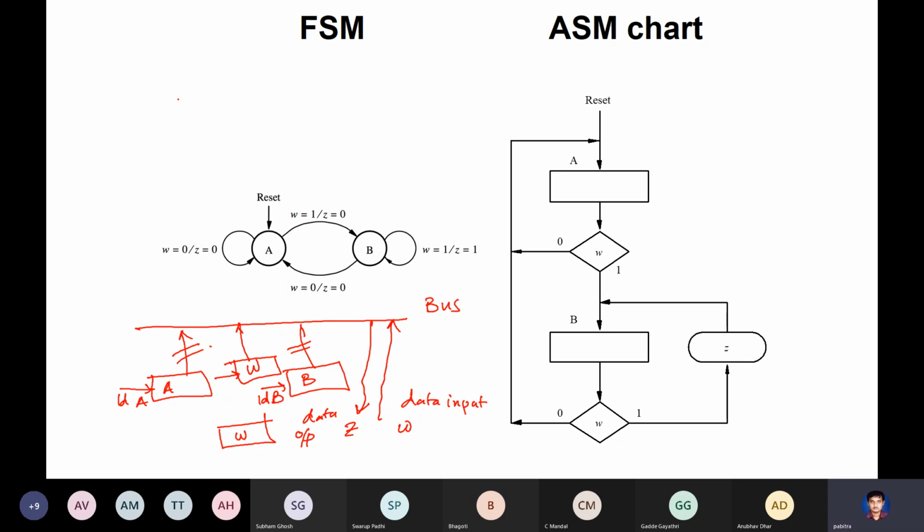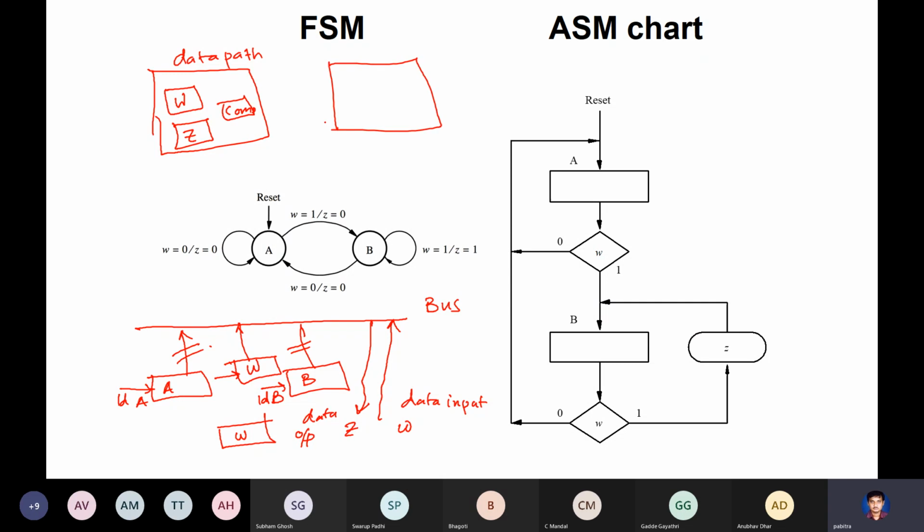So can I instead do it like this? My data path consists of these registers W and Z, and maybe a comparator, and my control path involves a state transition, which can be implemented using a flip-flop of A and B. Okay, and what are the values that I need?